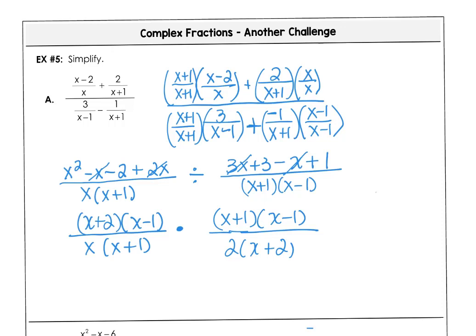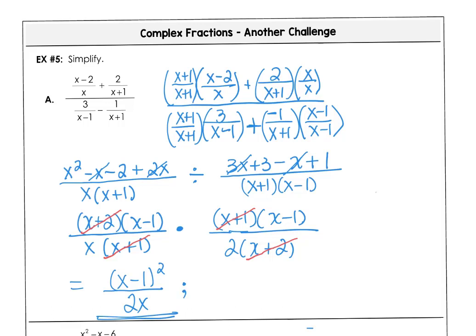So removing common factors, we have an x plus 2 in the numerator and denominator, and an x plus 1 in the numerator and the denominator, and multiplying all of those together, we have x minus 1 quantity squared, because there's 1 here and 1 here, and then 2x on the bottom. So that's our simplified combined answer.